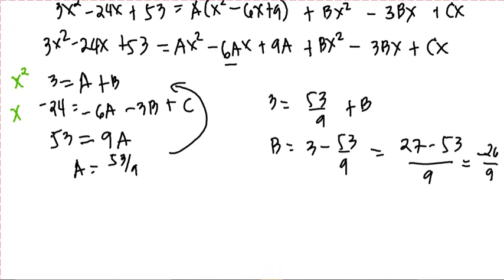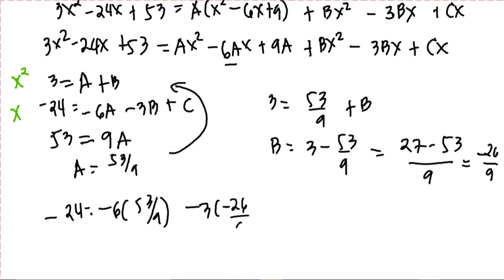And then, mukuha natin ang values ng aton nga c based sa aton nga second nga equation. So we have negative 24 is equal to negative 6 times ang aton nga a, which is 53 all over 9, minus 3 times ang values ng aton nga b, which is negative 26 all over 9 plus c.